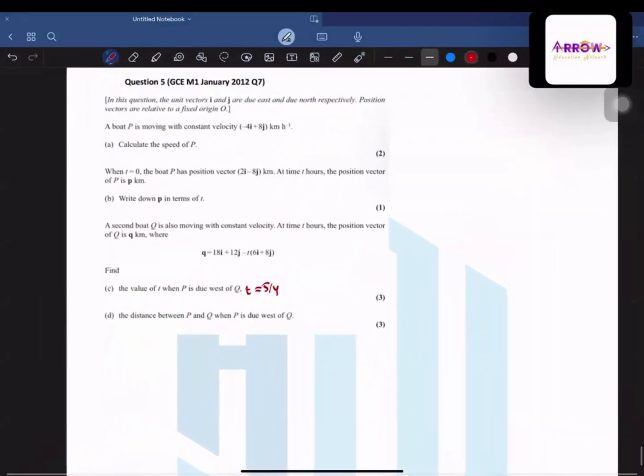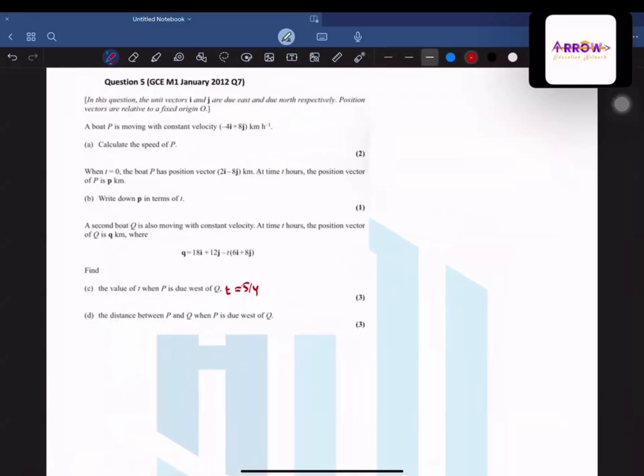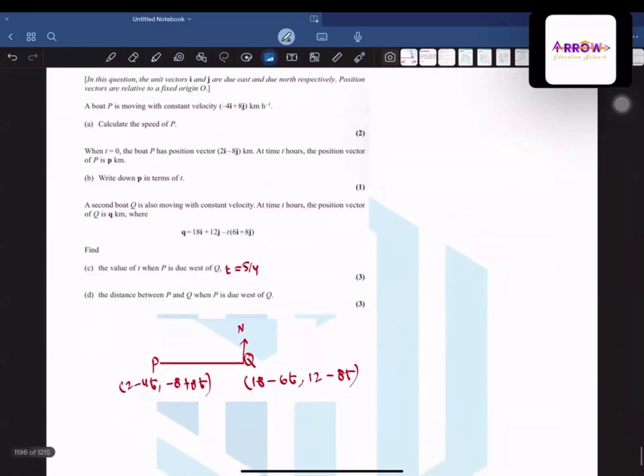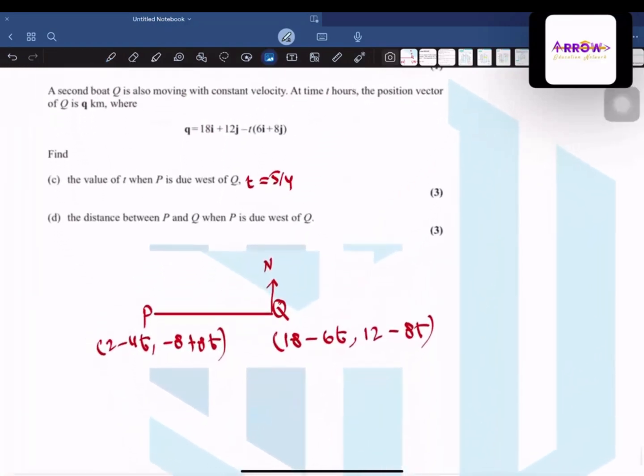And what we know is that the j components of both boats will be equal. So we just need to find the horizontal distance. We just need to find the change in x coordinates, meaning the change in i components only. So this is basically the concept.